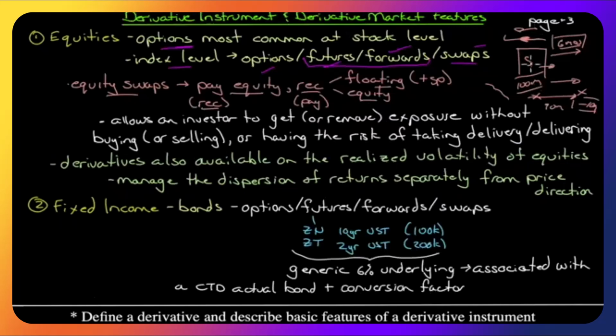Let's say that instead of having the portfolio, I have 100 million cash and it's invested in short-term T-bills. I'm getting a 3-month rate on it. But for the next year, I'd like to get an equity return, but I don't really want to go out and build a portfolio of equities. I'd like to get exposure to the S&P 500 without actually having to buy anything. Well, there's the equity swap.